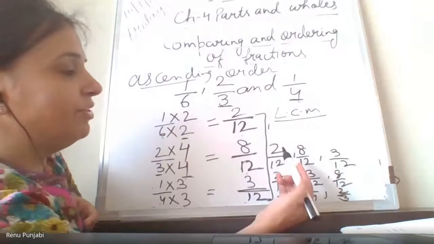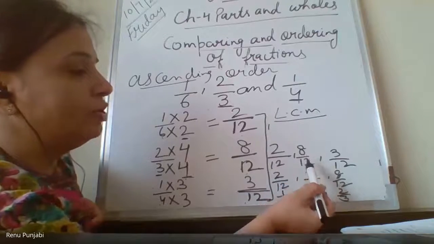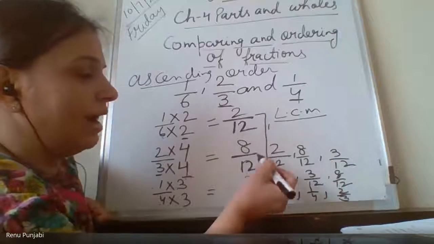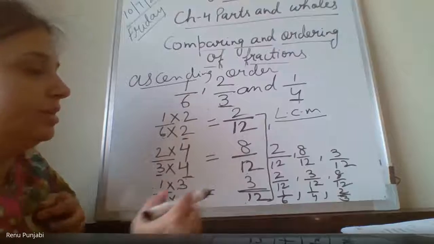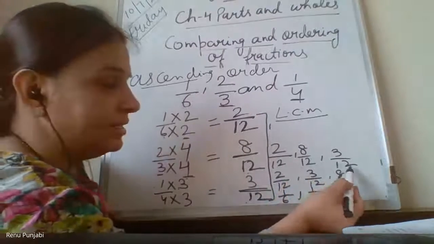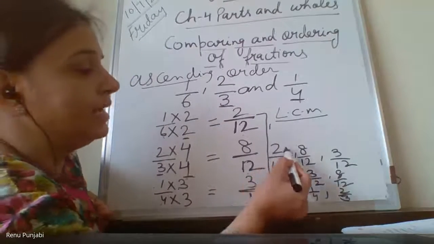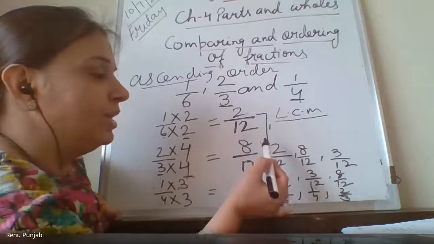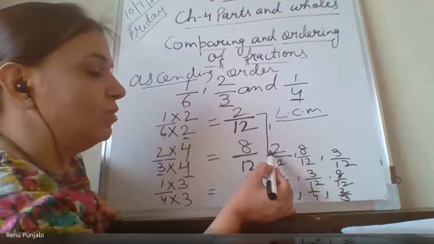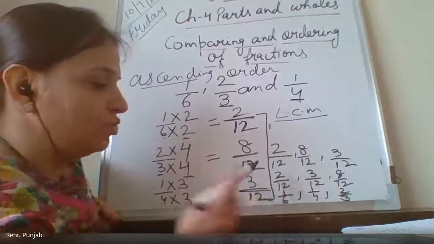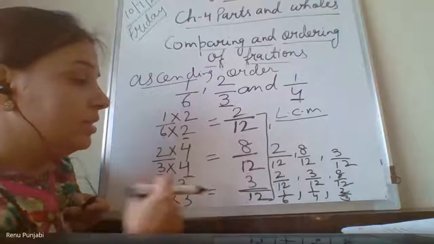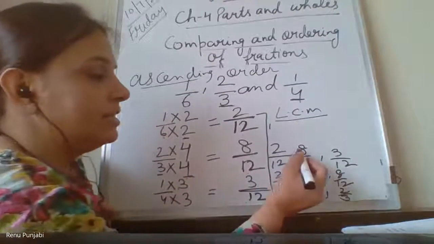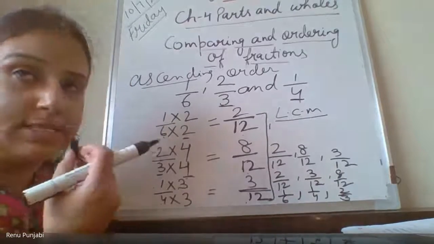Now you have the fractions 2 upon 12, 8 upon 12, 3 upon 12. You need to arrange them in the ascending order. After getting the denominators same, you can easily compare from the numerator. Here the numerator 2 is smaller, so this fraction will come first, 2 upon 12. 3 upon 12 will come next because this is the next smaller, and then 8 upon 12 is the biggest, so it will go last.